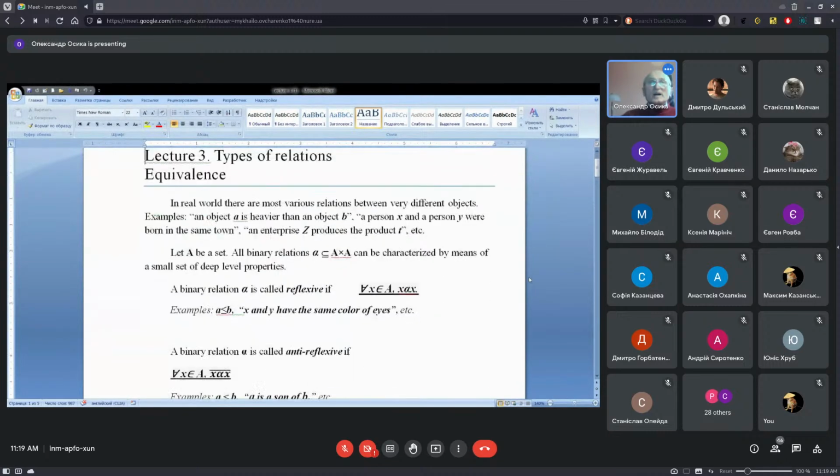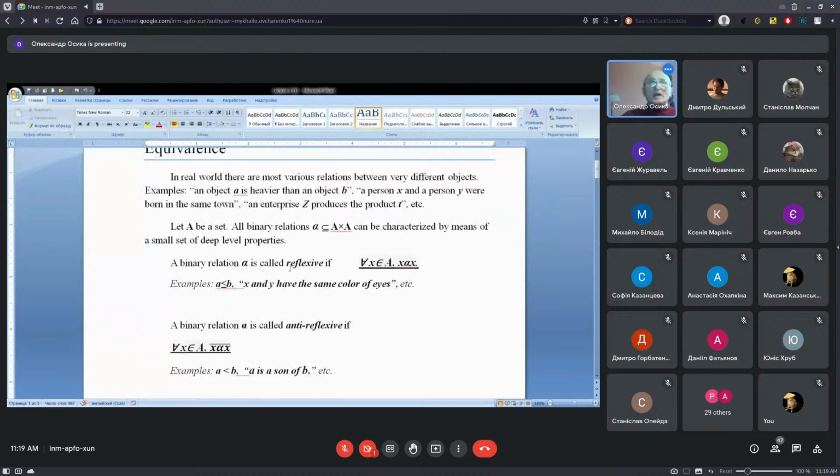Reflexive: a binary relation defined on 2 sets, and for simplicity, let it be just the same set, the Cartesian product of A by A. In this case, we can speak about the reflexive property.